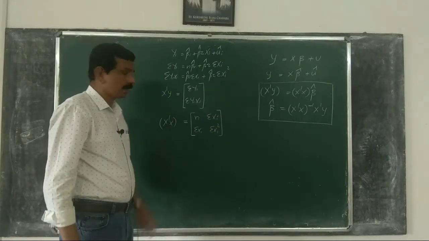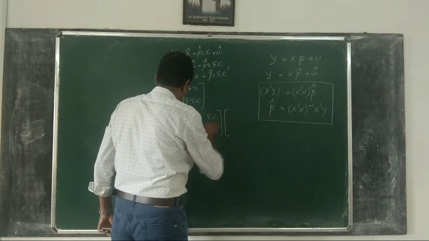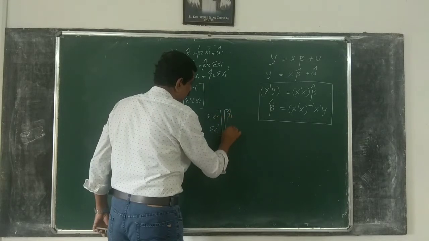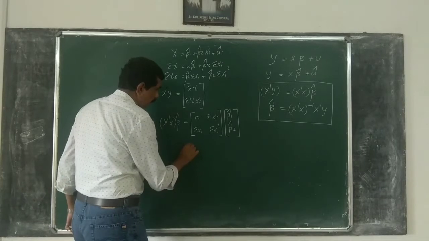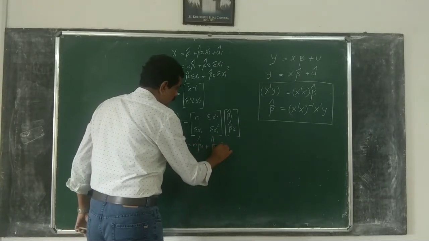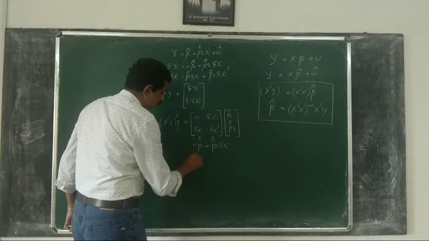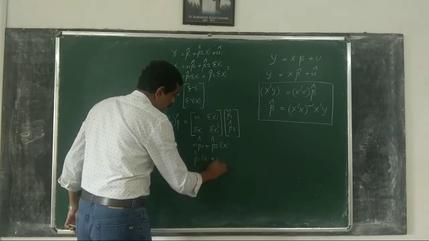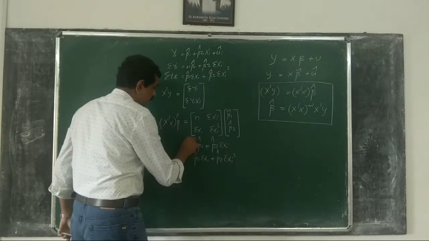X transpose X into beta hat, that is beta 1 hat, beta 2 hat, will give you n into beta 1 hat plus beta 2 hat sigma Xi, and beta 1 hat sigma Xi plus beta 2 hat sigma Xi square.